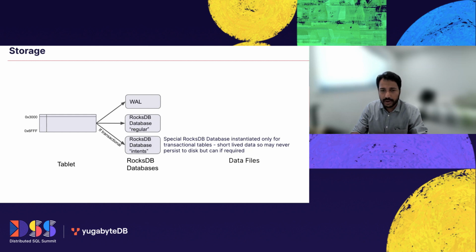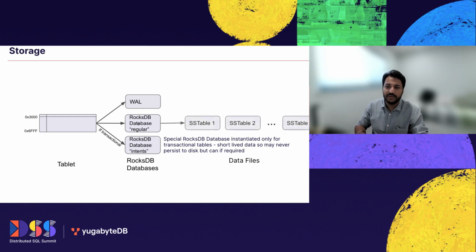So think about when the application client starts a begin transaction and then does a bunch of things inside that transaction. All of those write requests within a transaction are stored in the intents database, and as soon as the application does end transaction, that transaction is committed and that data is moved over to the regular RocksDB database. Now, regular RocksDB database is nothing but the different SST files that we already discussed. So this is how the data is structured on the disk for each tablet.